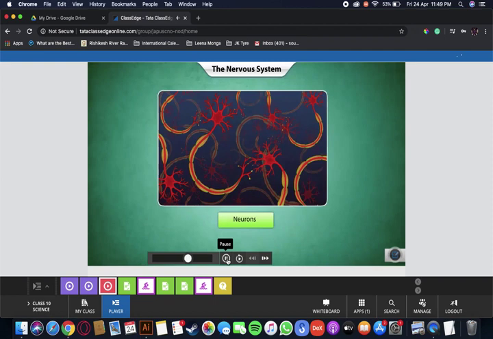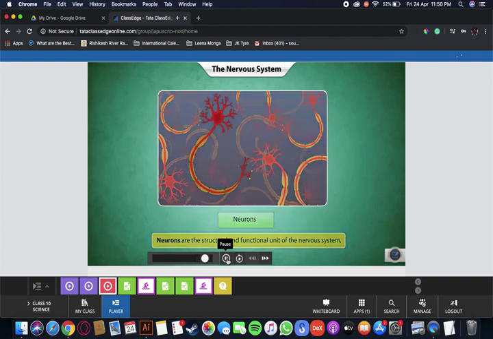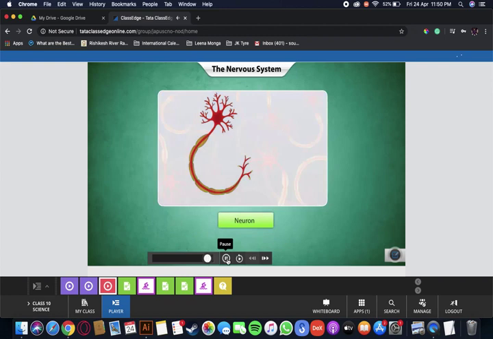The different parts of the nervous system are formed of highly specialized cells called neurons. Neurons are the structural and functional unit of the nervous system. A neuron is made up of a cell body, dendrites, and an axon.